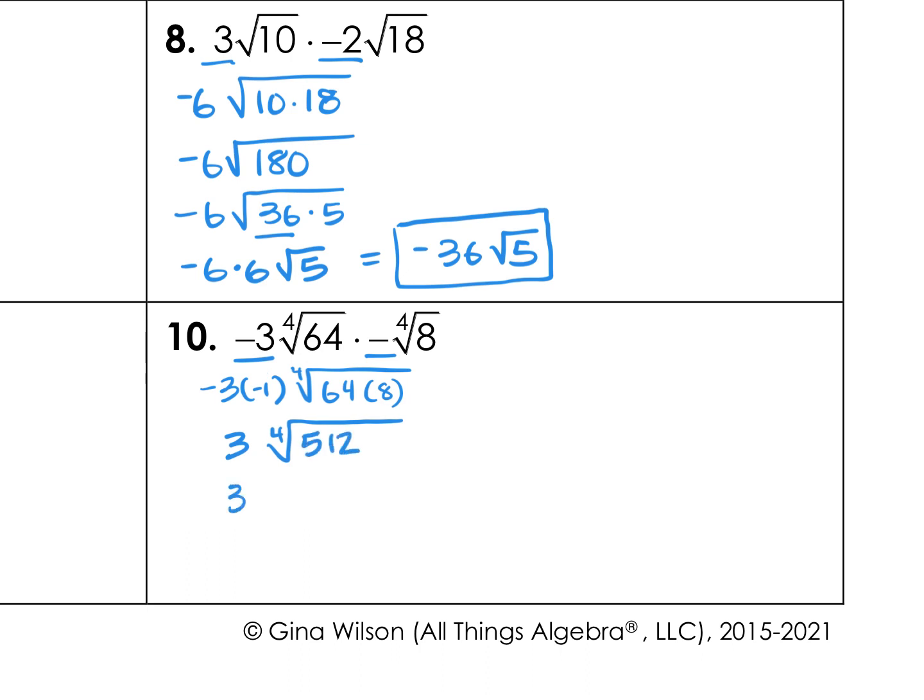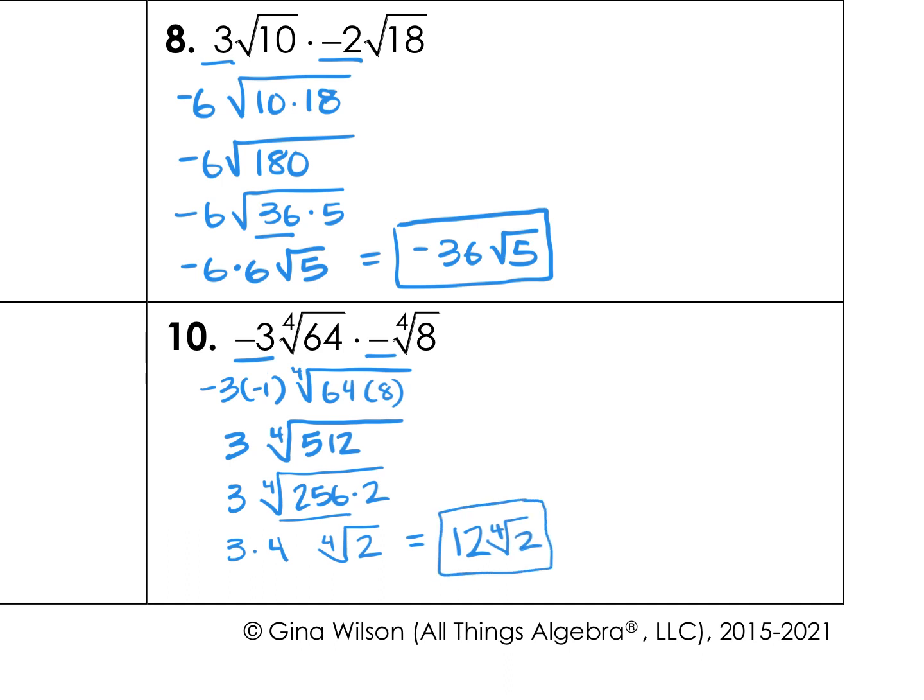Then break that up into factors that are perfect fourths. So that's 256 times 2. So this is a perfect fourth. Three times 4 is 12, times the fourth root of 2 would be our final answer.